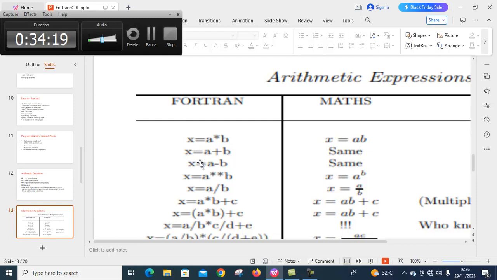A plus b, a minus b. Look at the exponentiation: a ** b, s equals a raised to power b. Then s equals a divided by b; this is division.